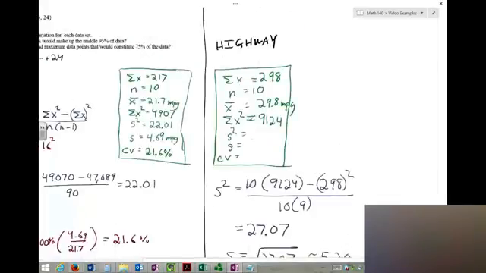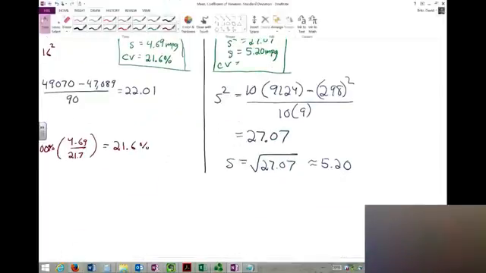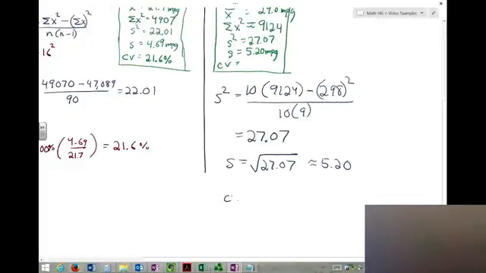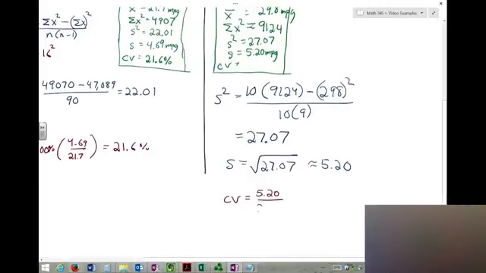And then, of course, the coefficient of variation. Again, we have the standard deviation of 5.20 over the mean, that's 29.8, and multiplying that by 100 should come out to 17.5.